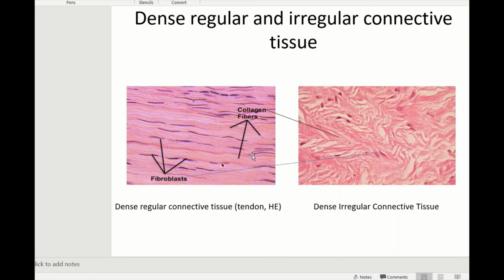Here we have two images, one for the regular connective tissue and the other for irregular connective tissue. You can see the arrangement of the fibers in the regular connective tissue. The collagen fibers are arranged parallelly in regular connective tissue, but you cannot see this kind of arrangement in irregular connective tissue. For regular connective tissue, we have seen the examples of ligament and tendon. For irregular connective tissue, we have seen the example of the skin.